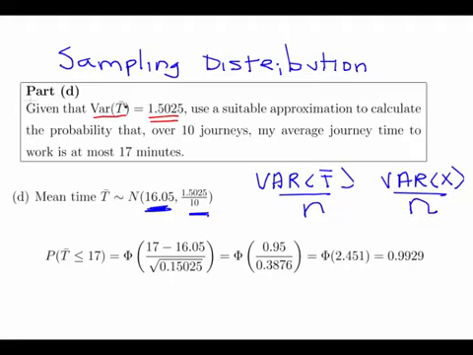Actually, that should be capital T there, with no bar on that. Anyway, that works out to be a very straightforward normal distribution question. Z-score, phi function, tables, there's your answer, 0.9929.